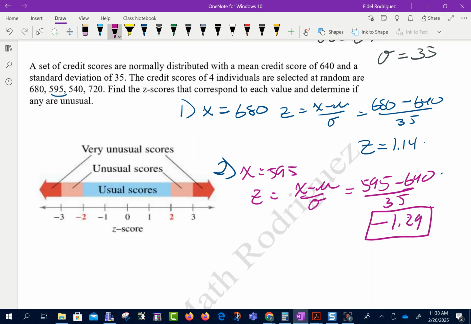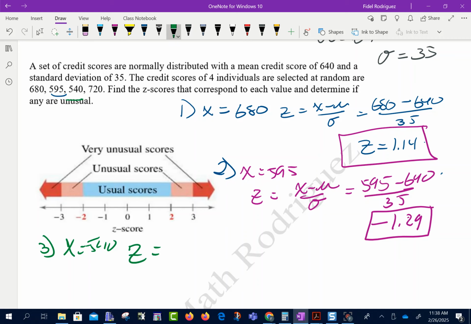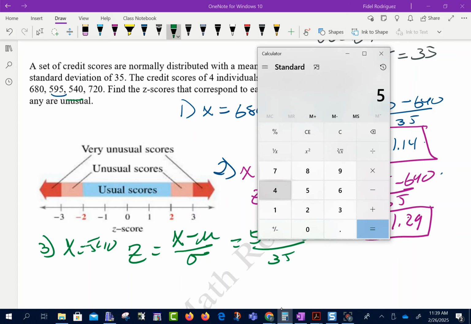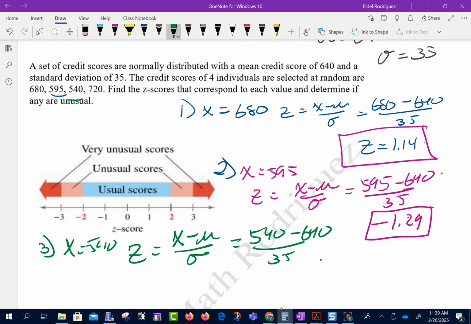Okay. Number 3. Our credit score is 540. Let's find our z-score. So 540 minus 640 over 35. 540 minus 640 divided by 35, negative 2.86.